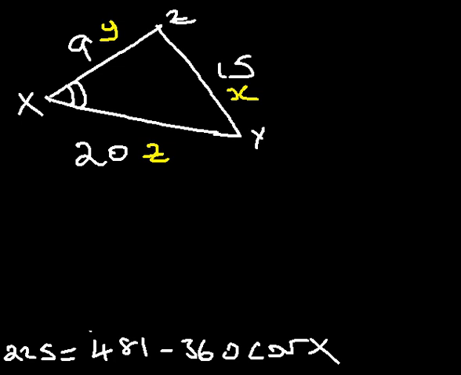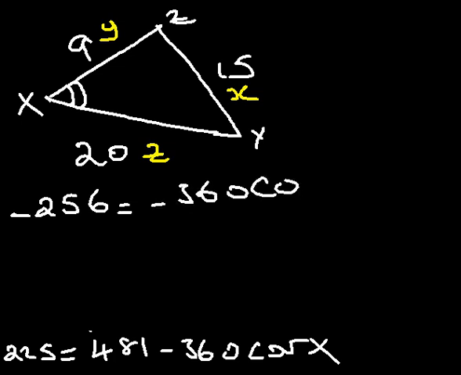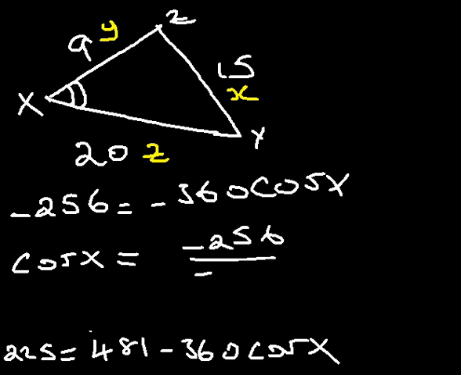That is 225 minus 481, which means we have negative 256 is equal to negative 360 times the cosine of angle X. So cosine of angle X is equal to negative 256 divided by negative 360.